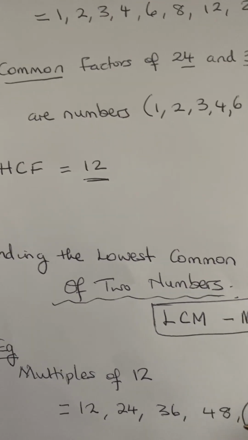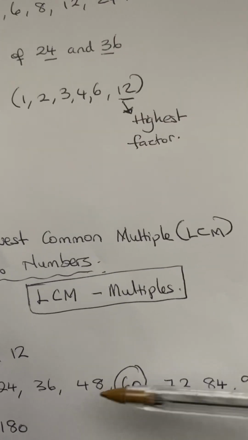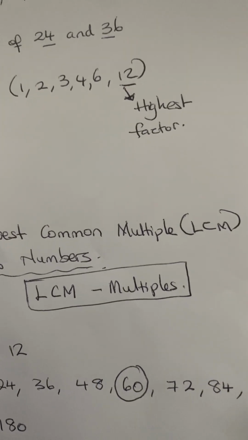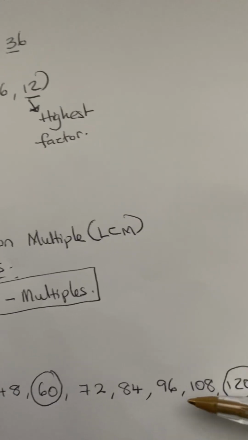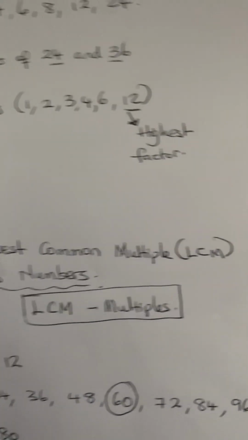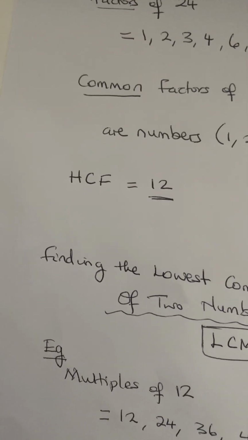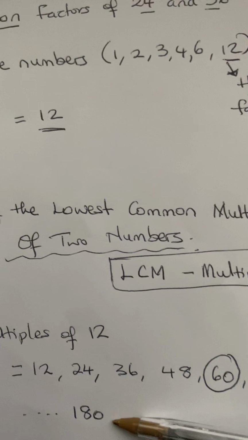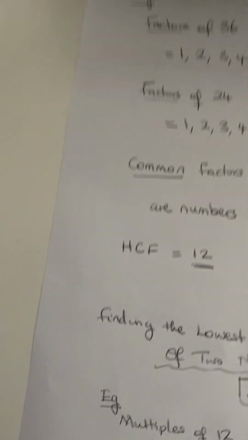So 48, 60, 72, 84, 96, 108, 120, and then if you continue further, you will get to like 180 and so on.